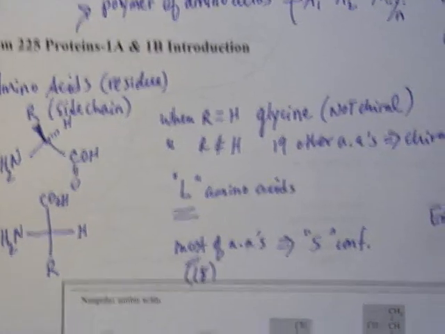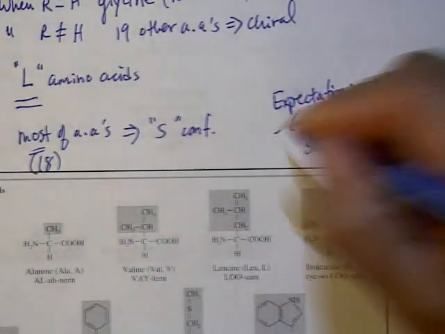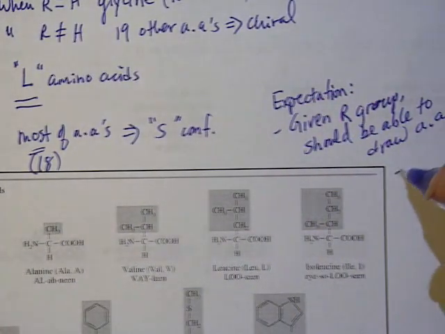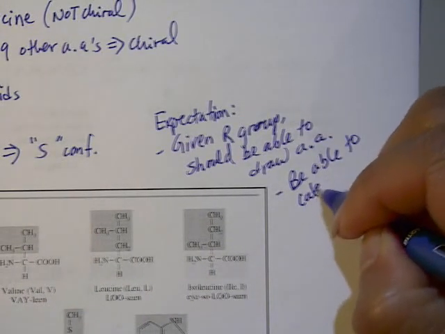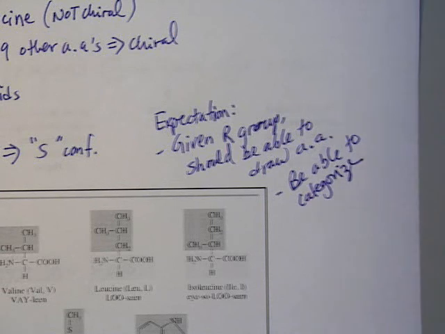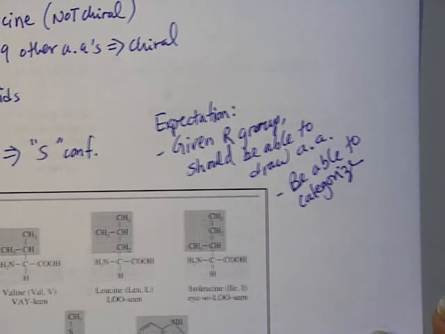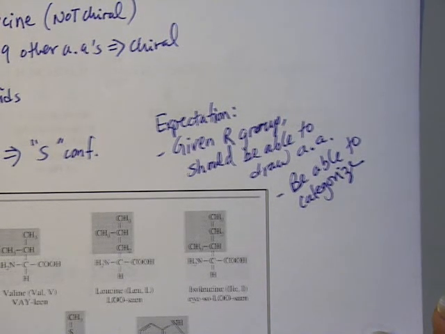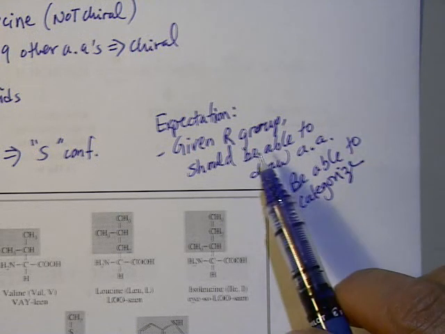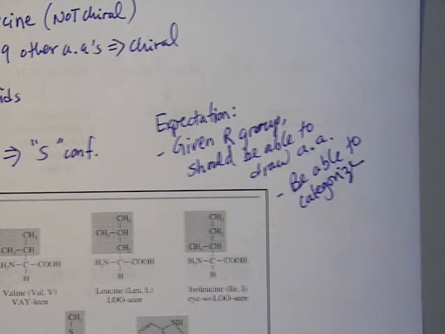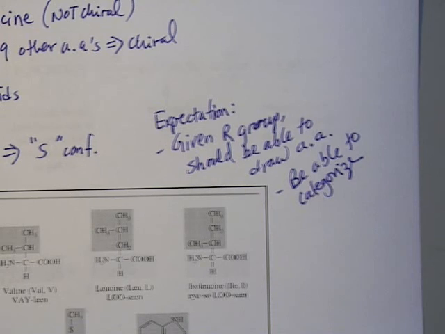All right. The other thing I expect you to be able to do is to categorize among these four groups. I'm going to go over that in a minute, but I just want you to know from the outset what you should be able to do. So there are four categories the 20 amino acids are divided into, and given an R group, you should be able to tell me what category it belongs to.